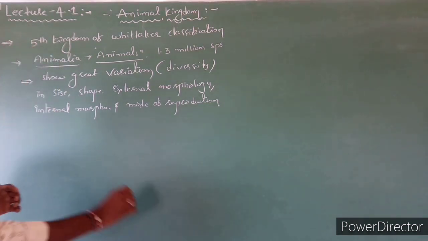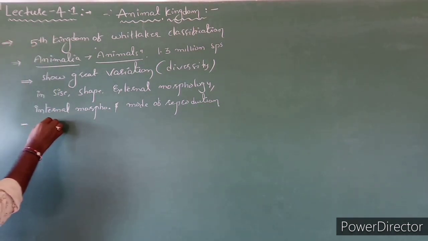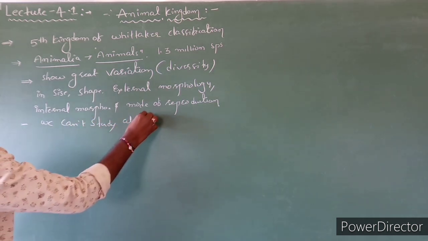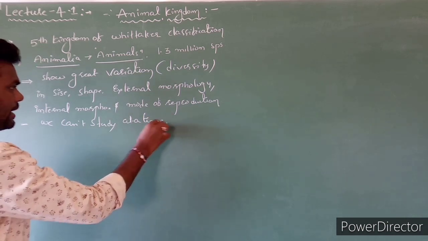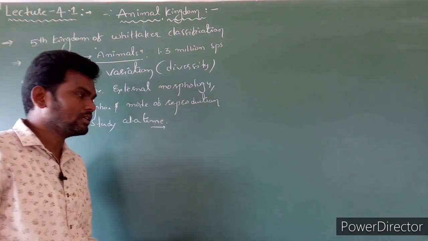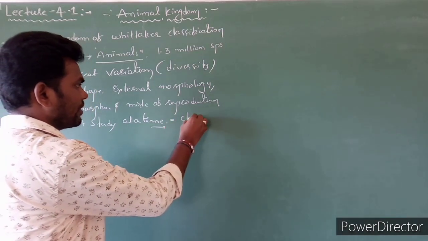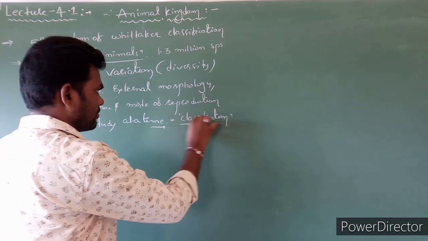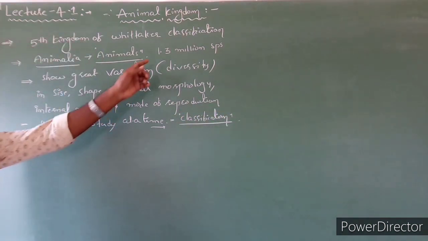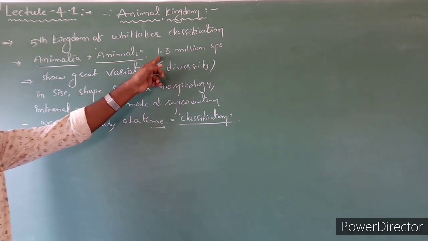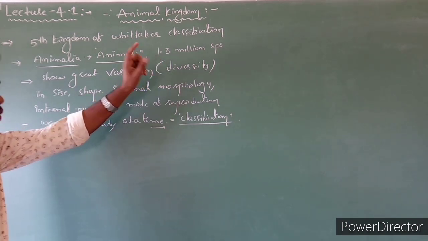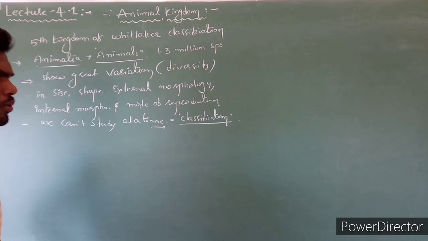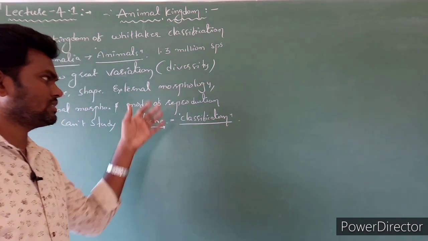So this entire 1.3 million species we can't study at a time. So further we need what? Classification. To overcome the problem, classification is needed. You know very well what classification is; we discussed it in the second chapter.